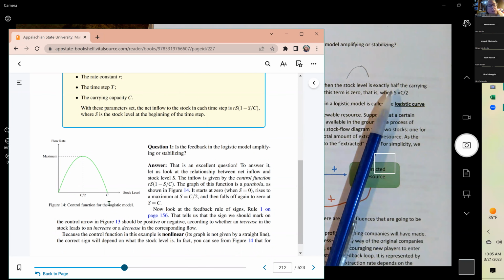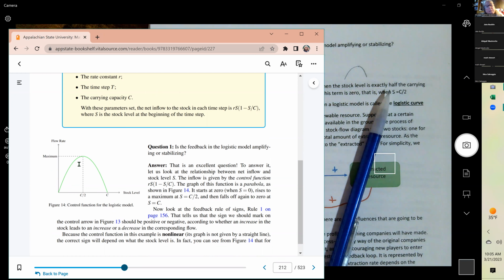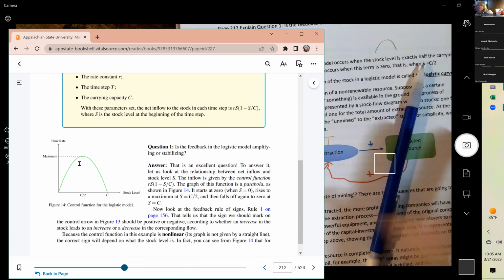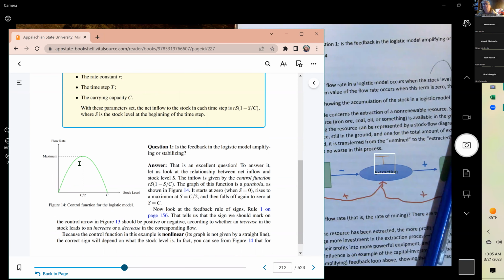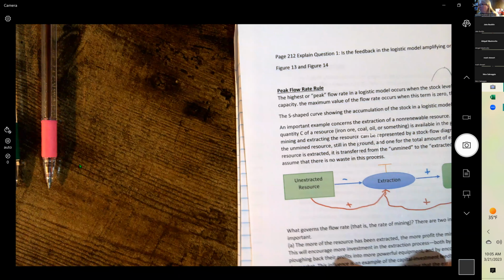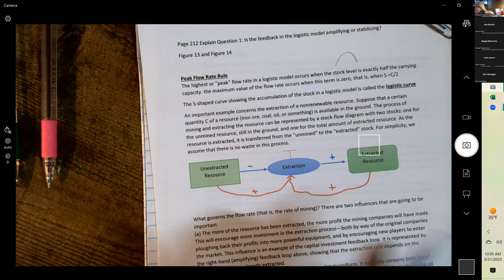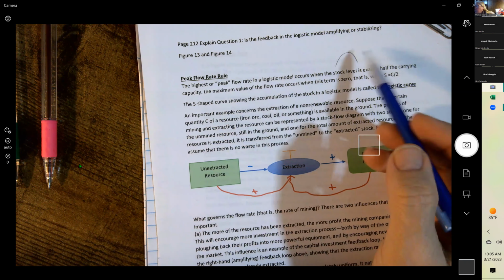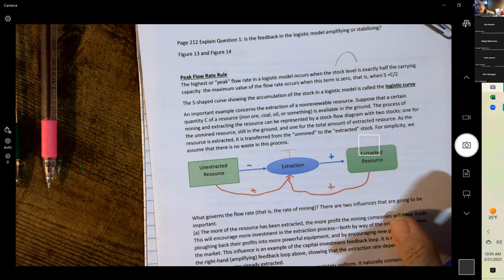And when we hit this high, that is our peak flow rate. That's the most that will increase, and then it's going to start decreasing. That's the highest or peak flow rate, and that is when your stock is at half of capacity.